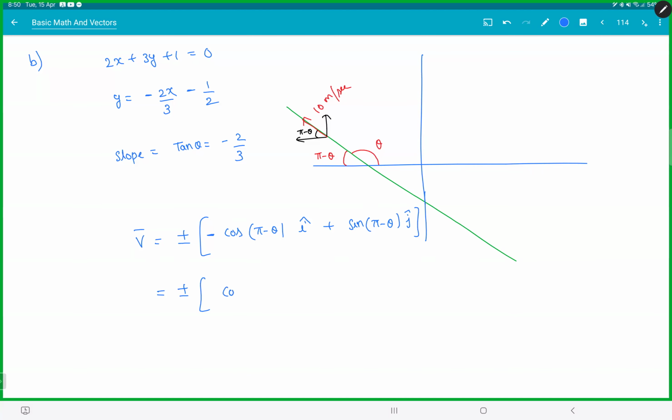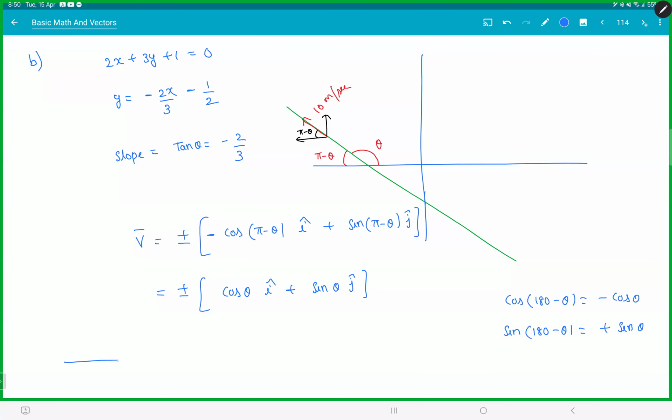It will become minus cos theta i cap, and this will be sine theta j cap. Cos 180 minus theta is minus cos theta. Sine 180 minus theta is plus sine theta.